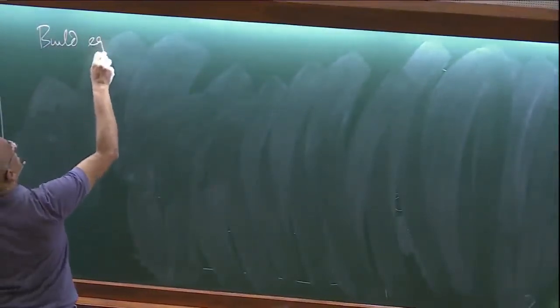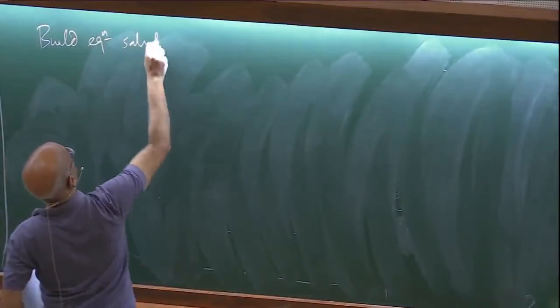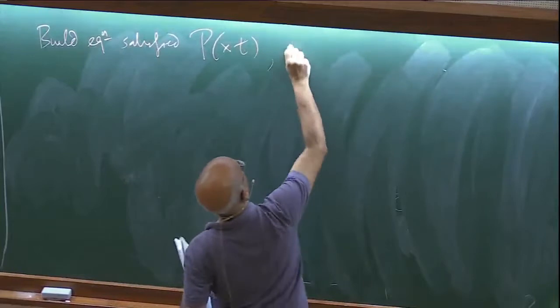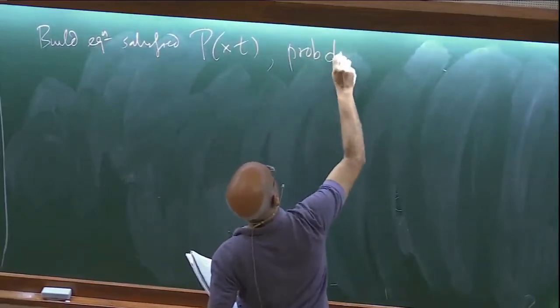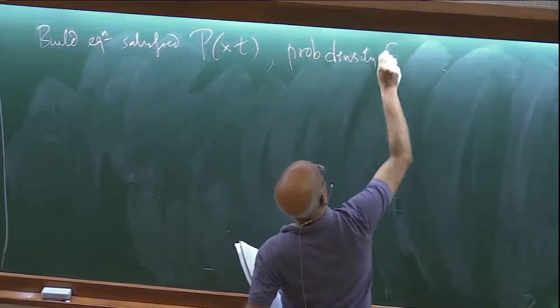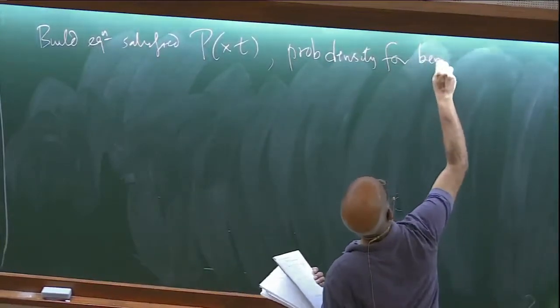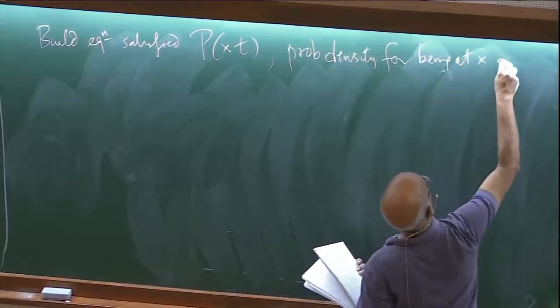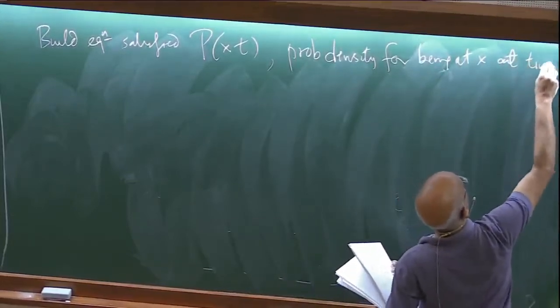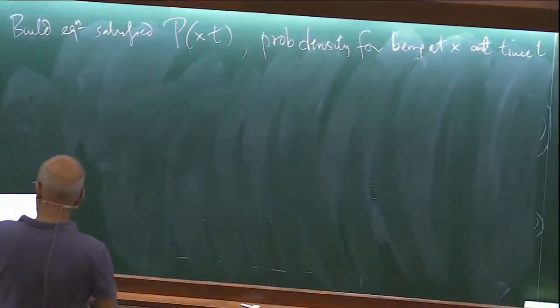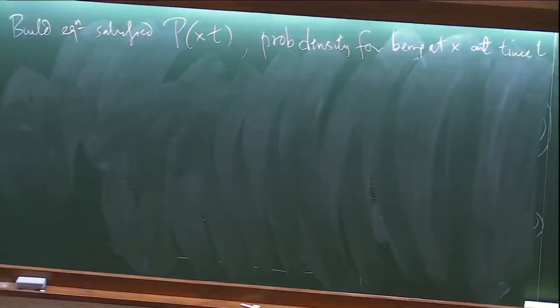We want to build the equation satisfied by P of x, t, the probability density for being at x at time t. So let's do it for this case.